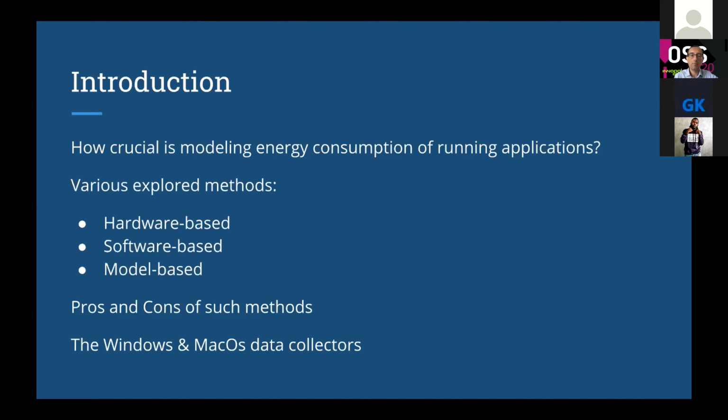So using the model-based approach, we need to calibrate our model parameters using a hardware device. Then the software part works: we pass the data through our model and we get values for our energy consumption.